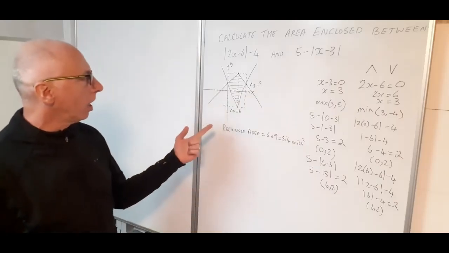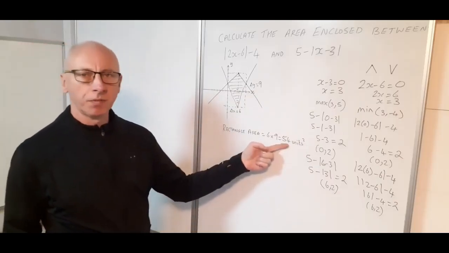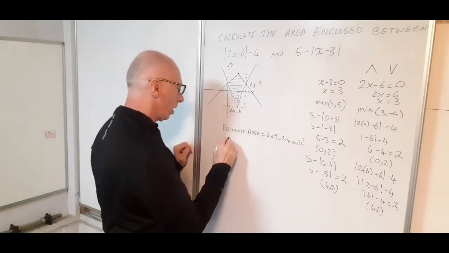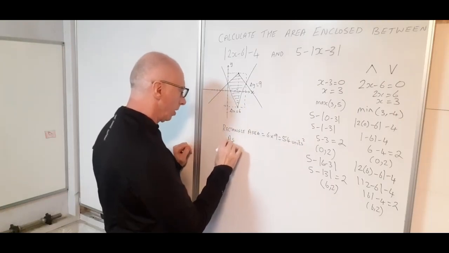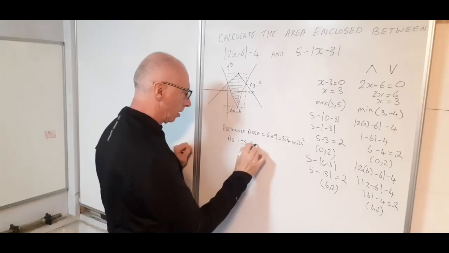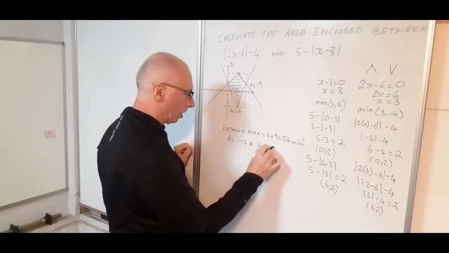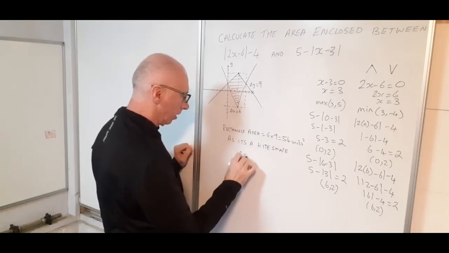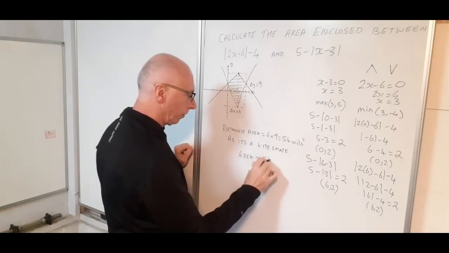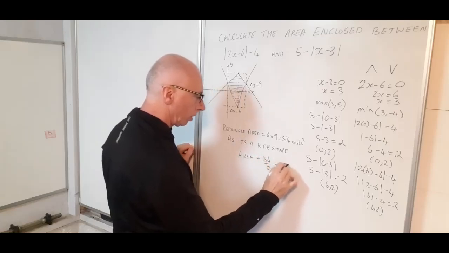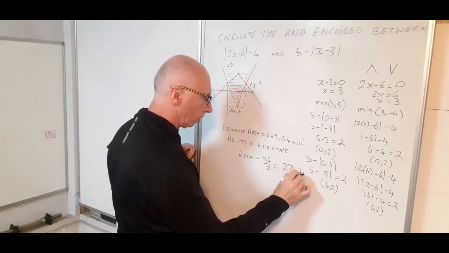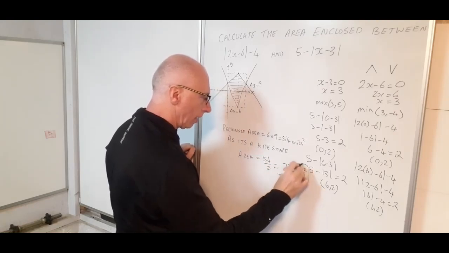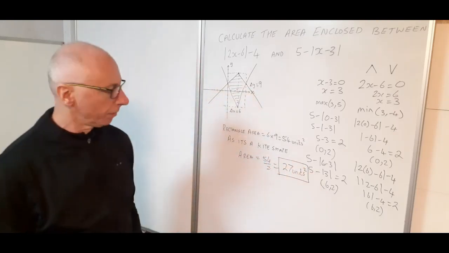Then, as it's a kite shape, all I have to do now is divide this by 2. So as it's a kite shape, area equals 54 divided by 2, which equals 27 units squared. And that is our answer.